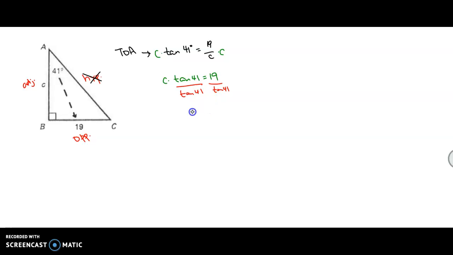Now in your calculator, that's going to be 19 divided by, when you press tan in your calculator, the parentheses automatically shows up, right? And then you're going to close it and hit enter. Okay. So again, it depends on what you have and from what angle. That's what you got to know, SOHCAHTOA.